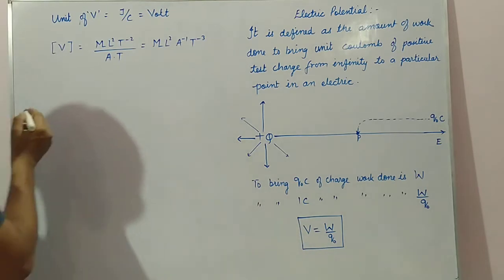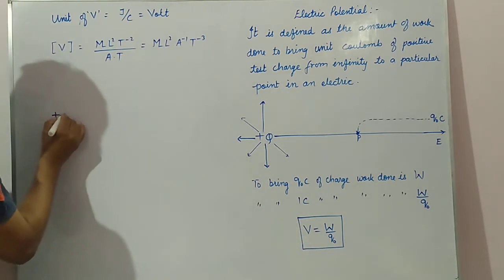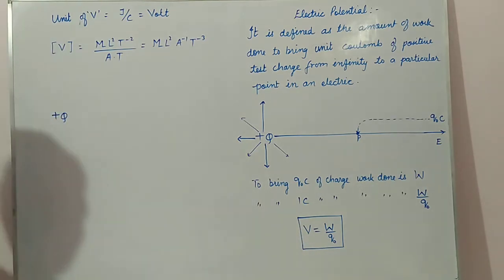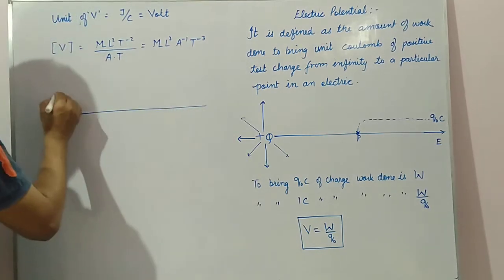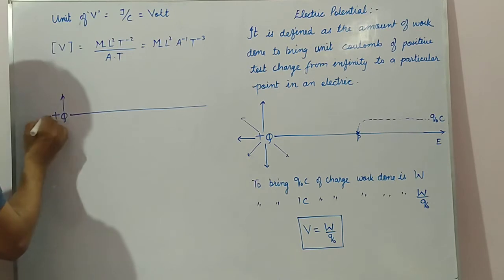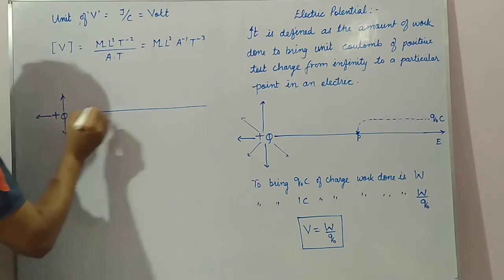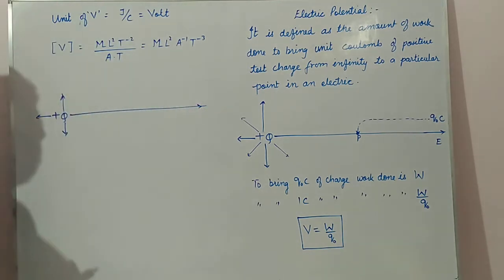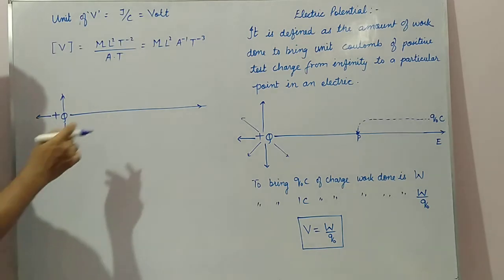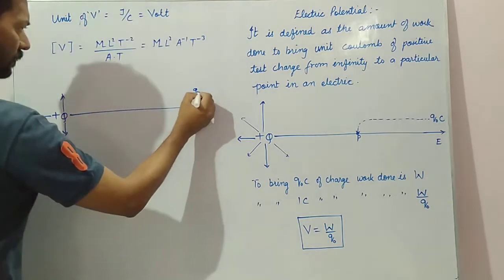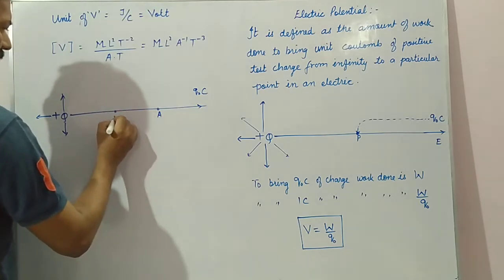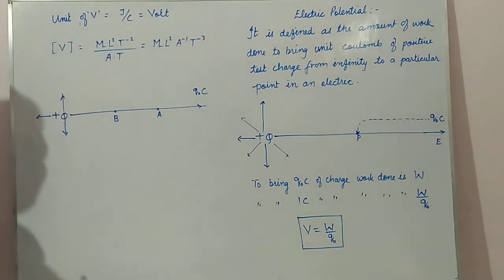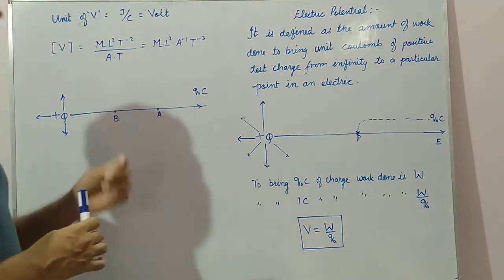Okay, so here you see, this is plus Q charge, and these are electric field lines. Now suppose Q0 coulomb of charge is brought from infinity to one position, that is A, and a second position, that is B. To move the charge from infinity to A, some work will be done.